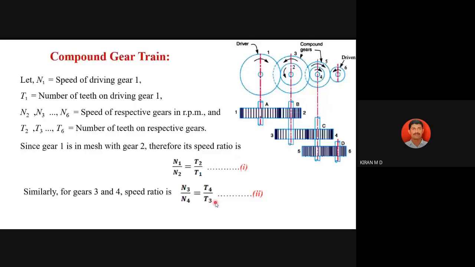Similarly, when gear 4 rotates, the shaft rotates, and gear 5 is mounted on the same shaft. Considering gear 5 drives gear 6, the speed ratio of these two gears is N5 by N6, that is equal to T6 by T5.